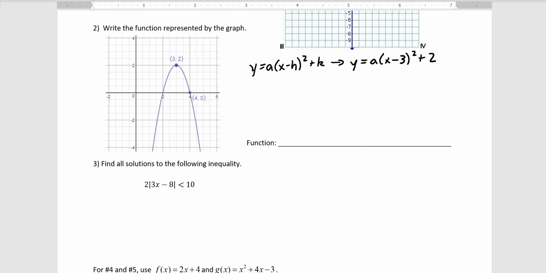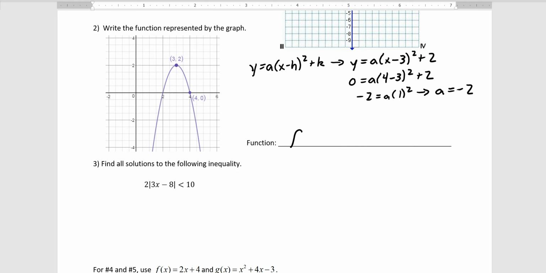To find a, we can plug in 4, 0 for x and y. So it'll be 0 equals a times 4 minus 3 squared plus 2, and then we can solve that for a. Subtract 2 equals a times 1 squared. Well, that would just be 1, so a equals -2.